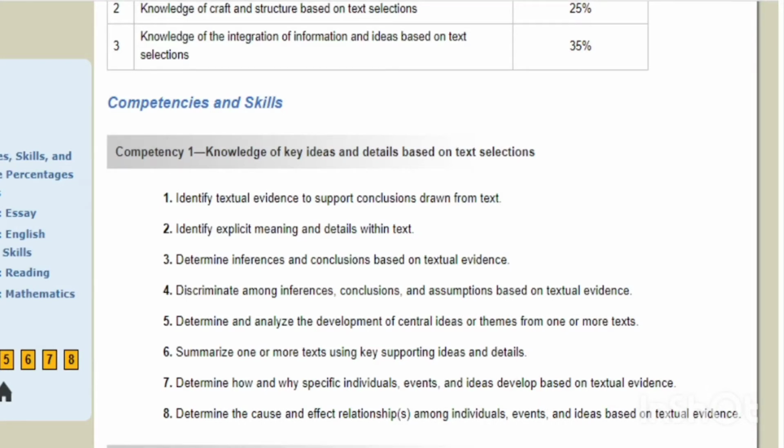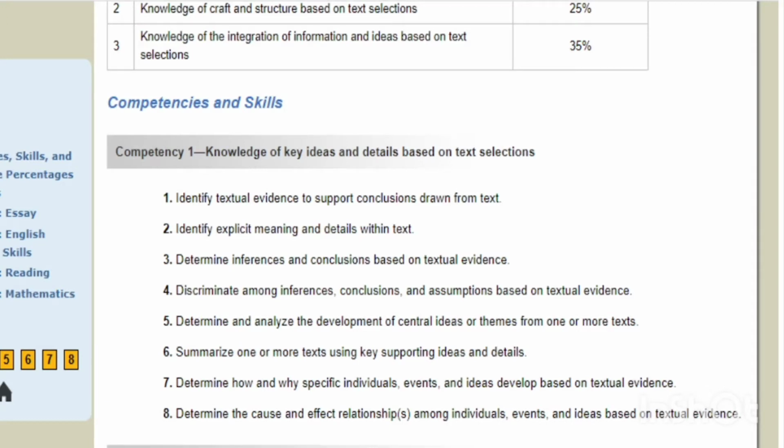Number 1, you should identify textual evidence to support conclusions drawn from text. Number 2, identify explicit meanings and details within text. Number 3, determine inferences and conclusions based on textual evidence. Number 4, discriminate among inferences, conclusions, and assumptions based on textual evidence.